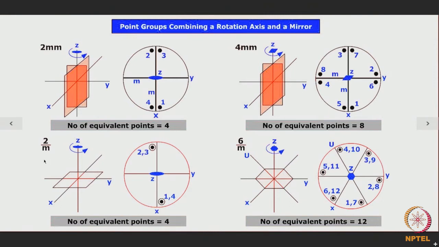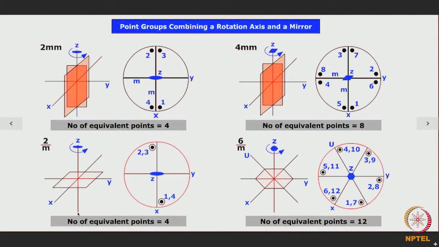Now, let us come to another point group written as 2 by m. Here the mirror does not contain the rotation axis. The mirror is perpendicular to the rotation axis.